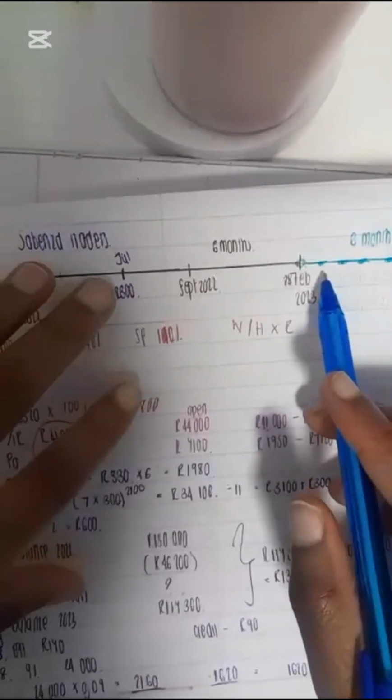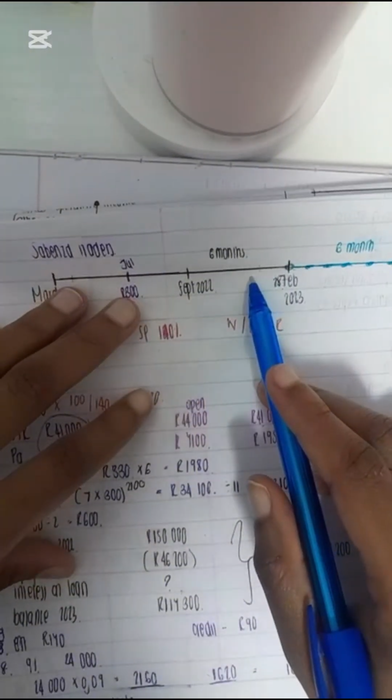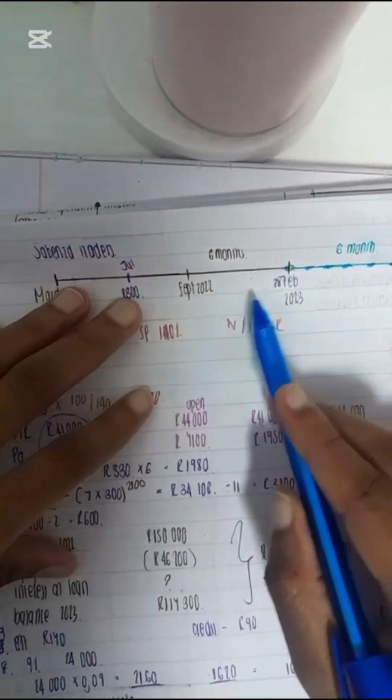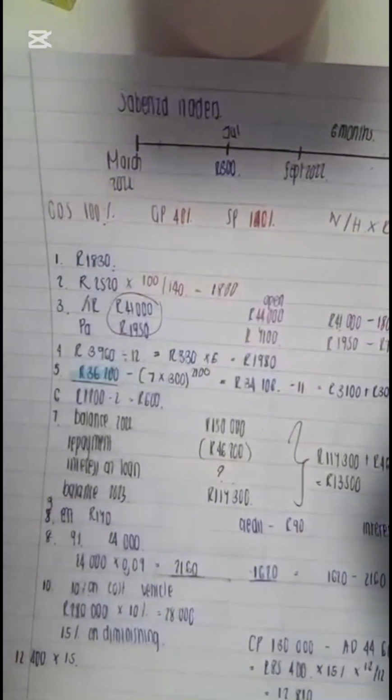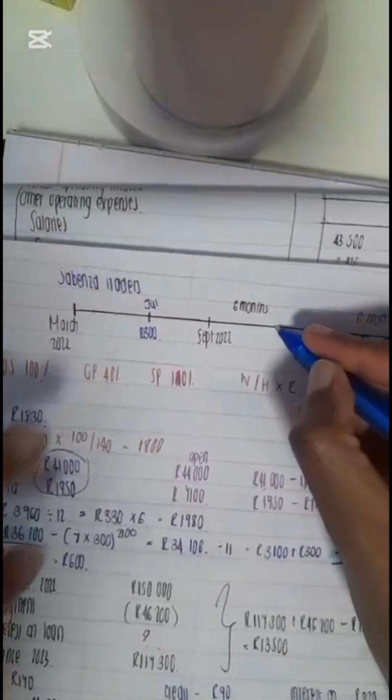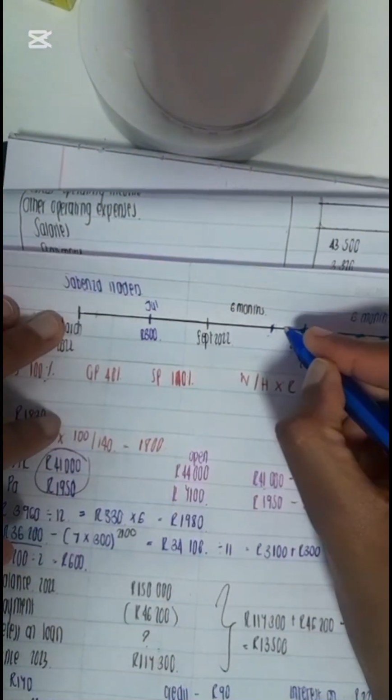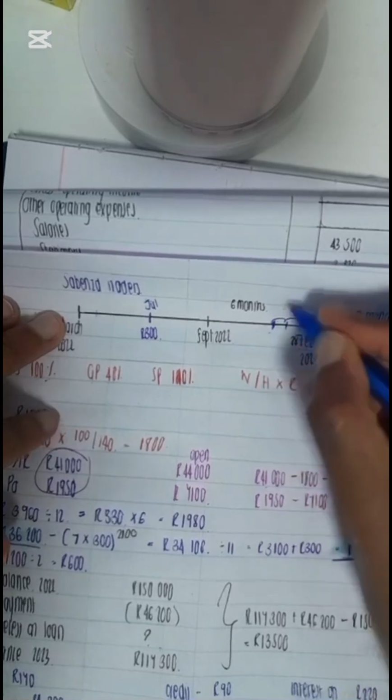Now the thing is, we bought it on the 1st of December 2023. So that would make it a total of 3 months from December. Let's say December is here, January, Feb, so that would make it 3 months.